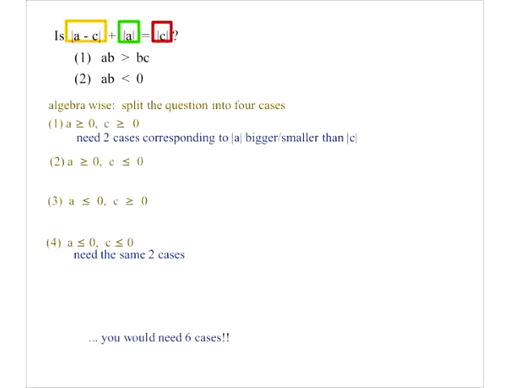So if you have, this is not fun, absolute value A is greater than absolute value C, then you get A minus C plus A equal to C, question mark.